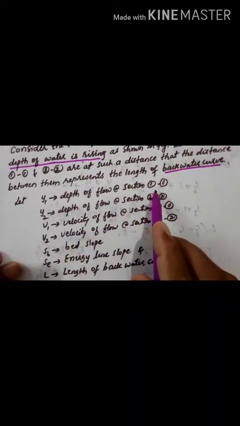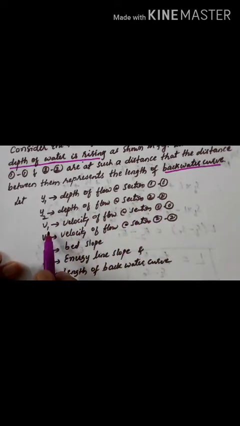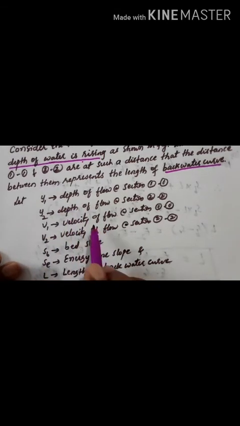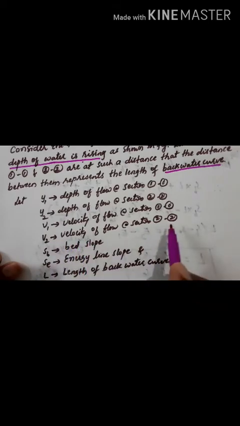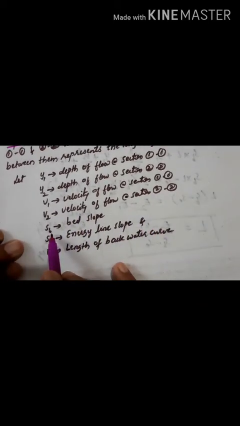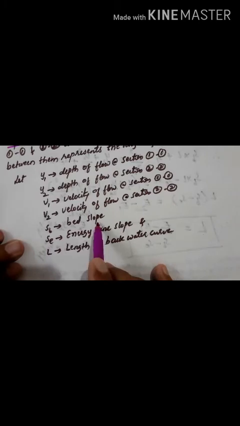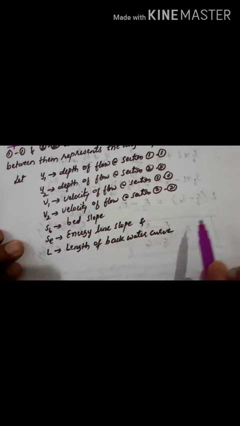So let us take y1 as the depth of flow at section 1 and y2 as the depth of flow at section 2, and v1 is the corresponding velocity of flow at section 1, and v2 is the velocity of flow at section 2. SB represents the bed slope, SE represents the energy line slope, and L represents the length of backwater curve.